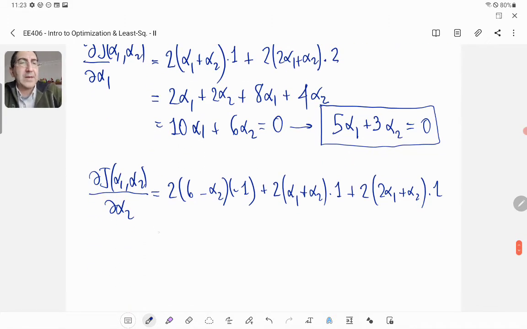Let's again expand and collect the terms. Remember this is equated to 0, so I can simplify. There are 2's in each term, so I can cancel those.